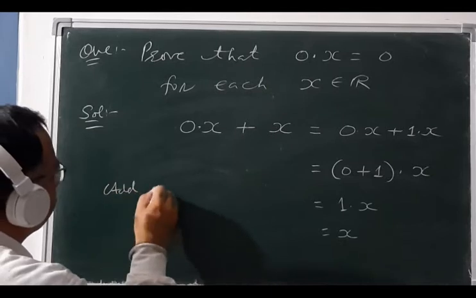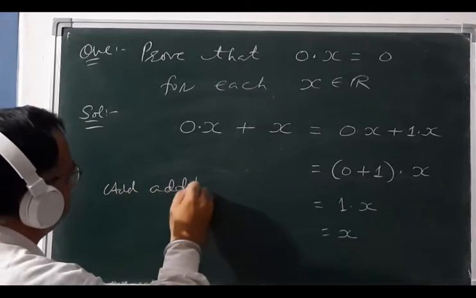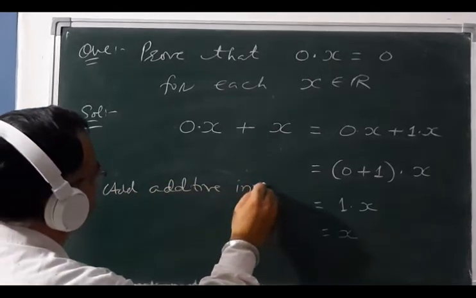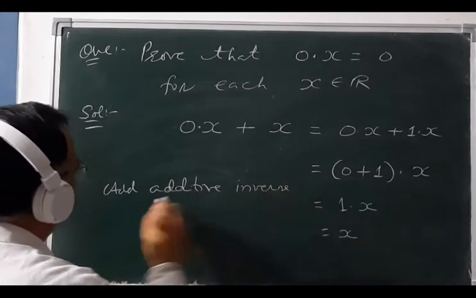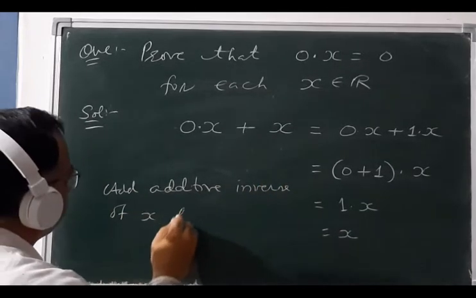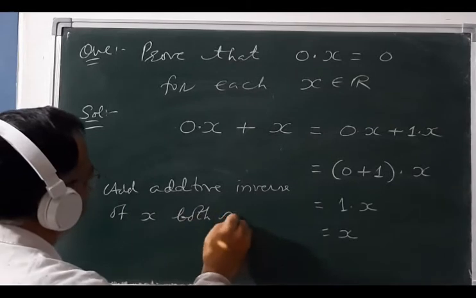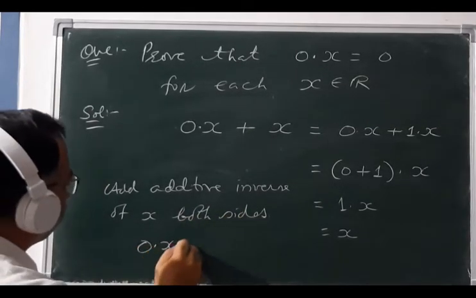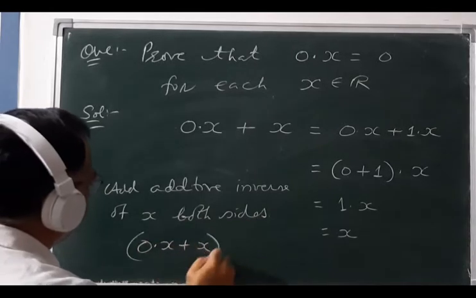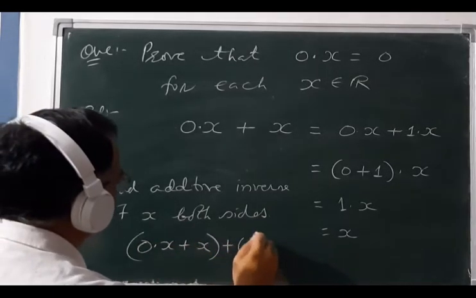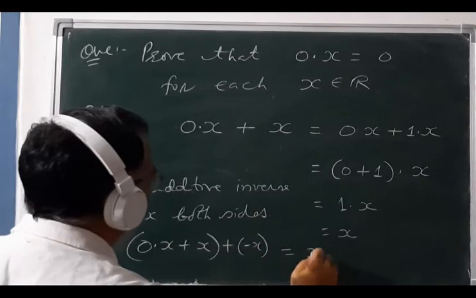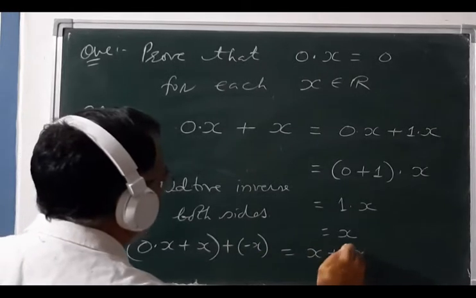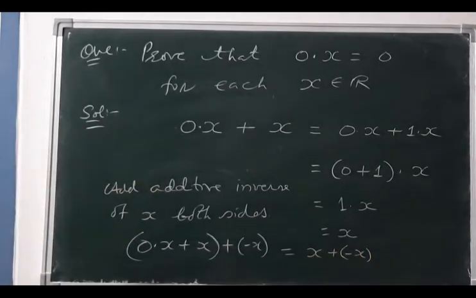Add the additive inverse of x to both sides. We get 0x plus x plus minus x is equal to x plus minus x.